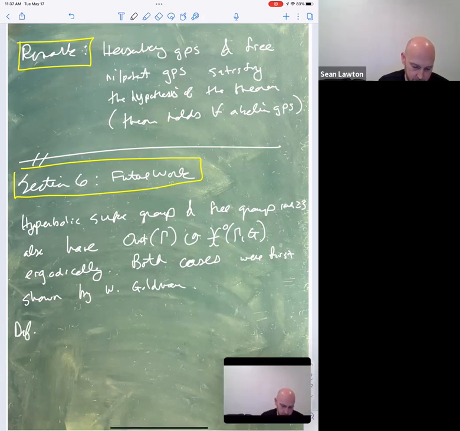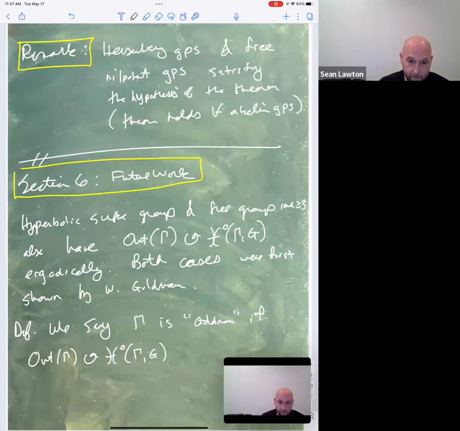Definition. We say Gamma is Goldman if Out(Gamma) acts on the identity component of the character variety, for every G, sorry, I should say ergodically, with respect to an invariant measure of full support.